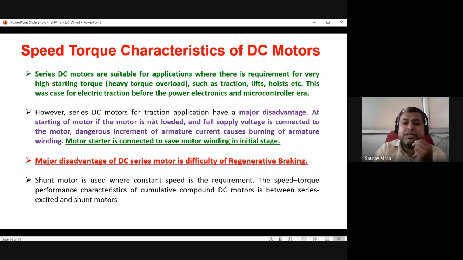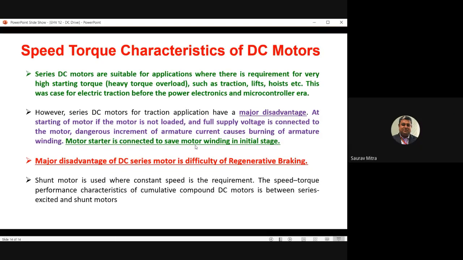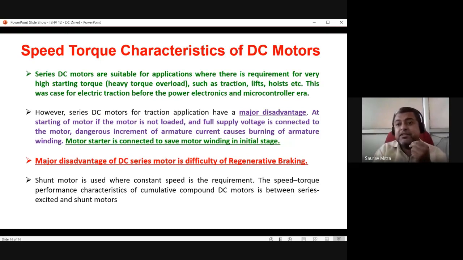So DC series motor has the biggest disadvantage that initial IA is very high if the motor is started on no load. This might burn the armature conductor. To save the motor, we use a starter circuit. The starter circuit does not allow the initial armature current to be very high. Thus it saves the armature conductor.